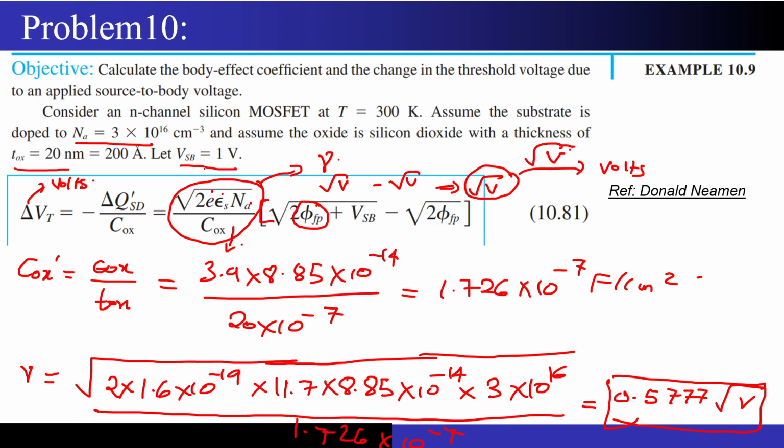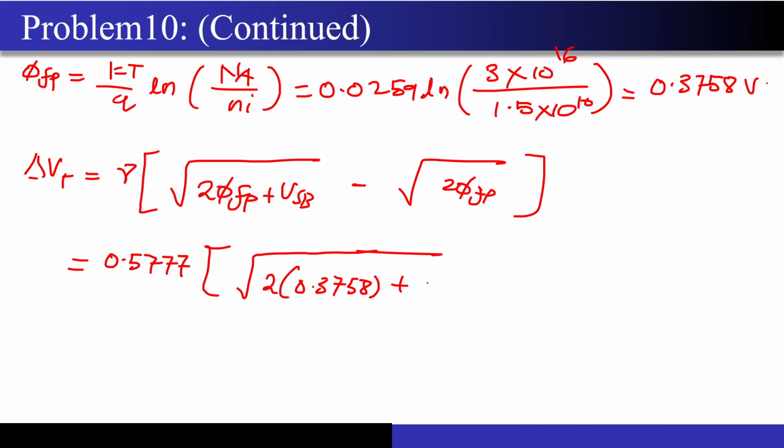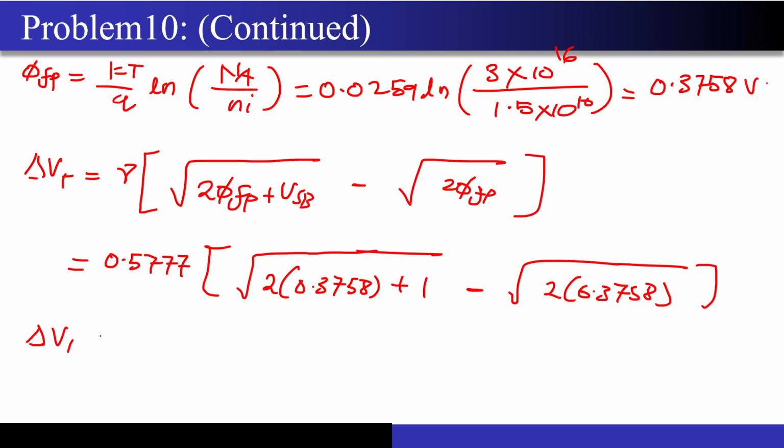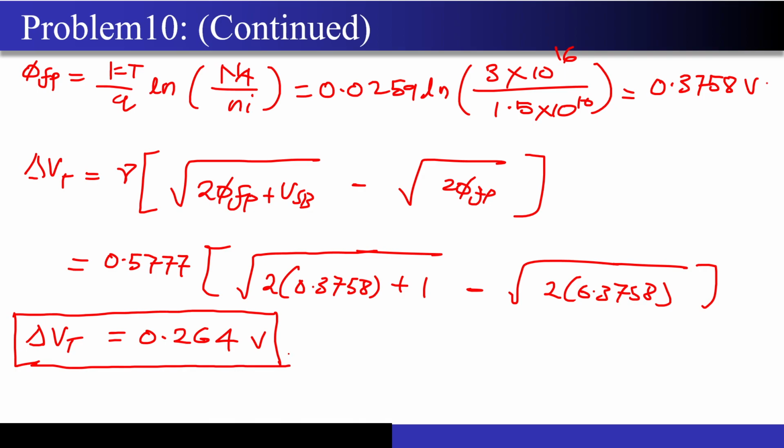VSB has been given as 1 volt in the question. So now 1 minus root of 2 into 0.3758. Now this delta Vt answer will come out to be around 0.264 volts. So this is the change in the threshold voltage that you will observe because you have applied a body effect, that is VSB of 1 volt.